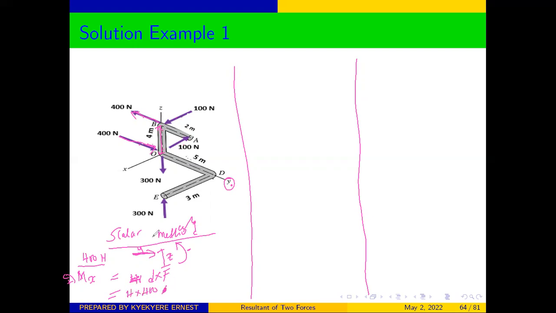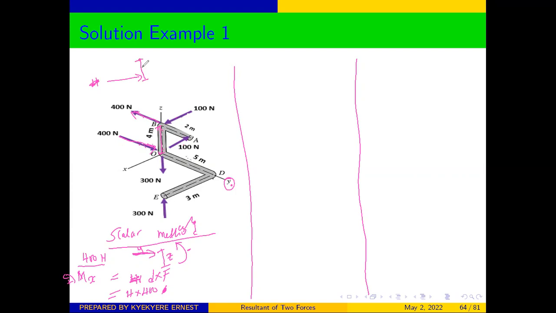And let's look at our direction. Is it going to be clockwise or anti-clockwise? I've already established the fact that you always use one of the forces to determine whether it's going to move in the clockwise direction or in the anti-clockwise direction. In this case, we have a 400 force applied this way, and the perpendicular distance between the two forces is like this.